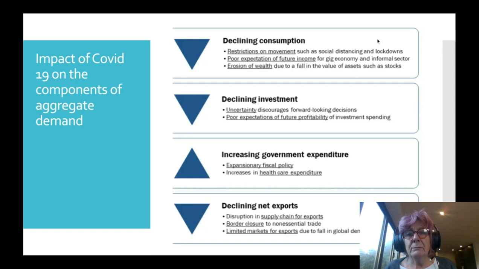And if we look at consumption, we know that with the impact of COVID-19, consumer spending has fallen quite dramatically in most countries. Why is that? Well, it's partly because things like bars and cafes and hairdressers are closed. We can't go to them and spend our money. It's partly because we can't travel around, and so we can't spend our money on hotels and so on.